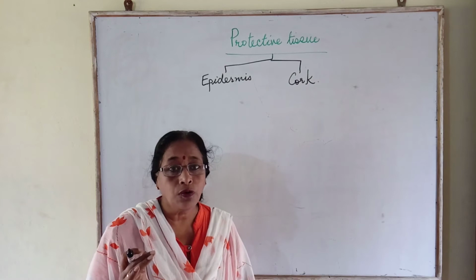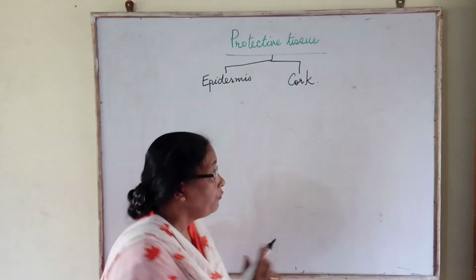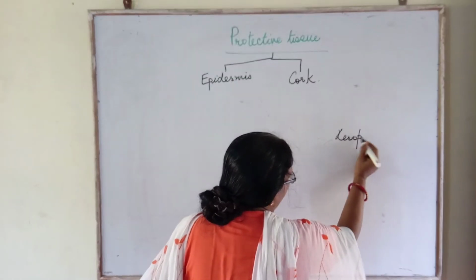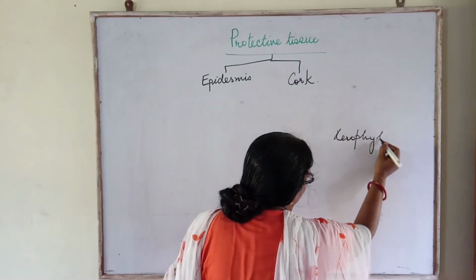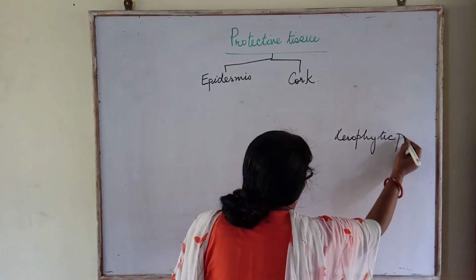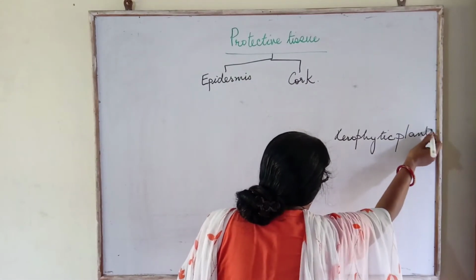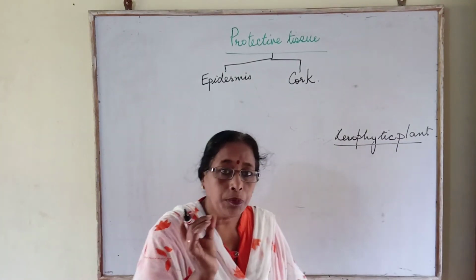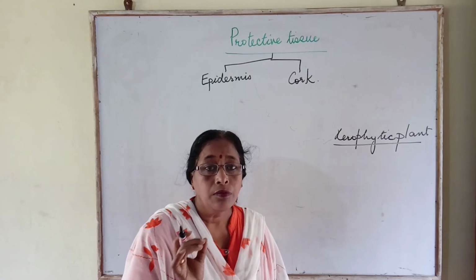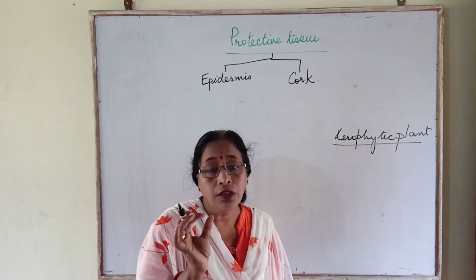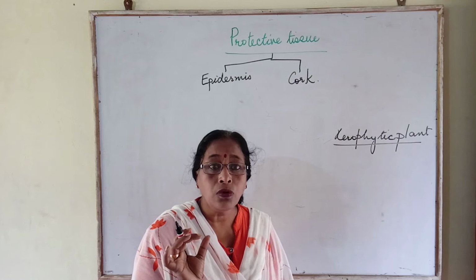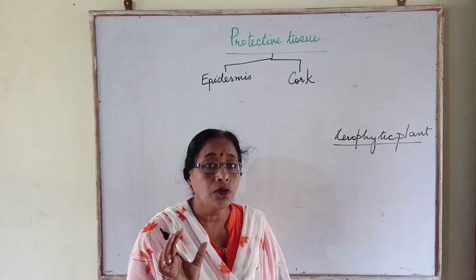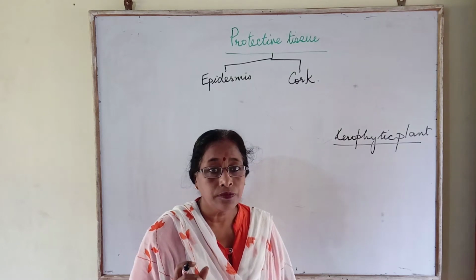If we see the xerophytic plants, meaning the desert plants, the epidermis is thick because it has a thick covering of a compound known as cutin, and therefore the outer covering is known as cuticle.